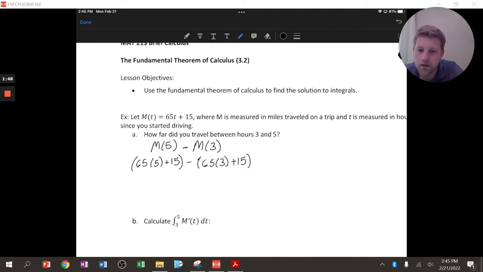So we have the functional values at these two endpoints. We can subtract from one another and get the distance that has been traveled in between those two endpoints. So if we do so, we should end up getting 130 miles if we add those components up, or really subtract them.